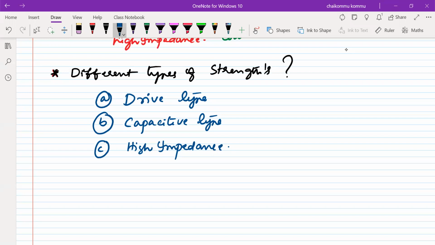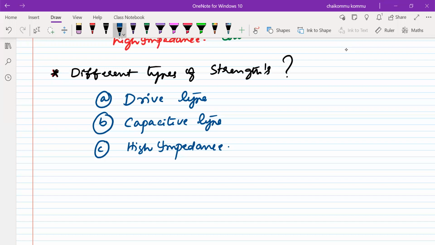What do you mean by a drive type strength? If any logic value is transferred from one end of a net to another end, that net will have drive type strength.